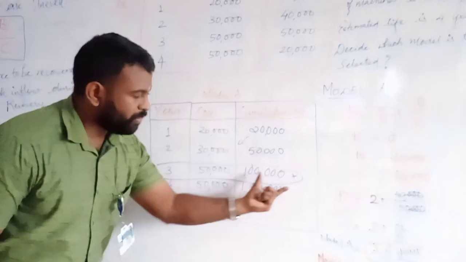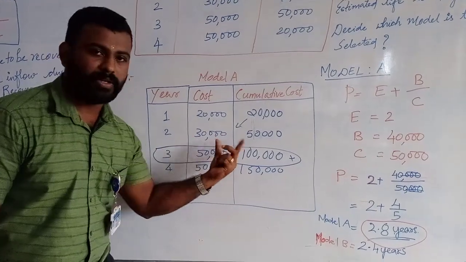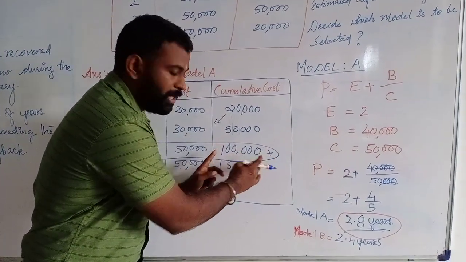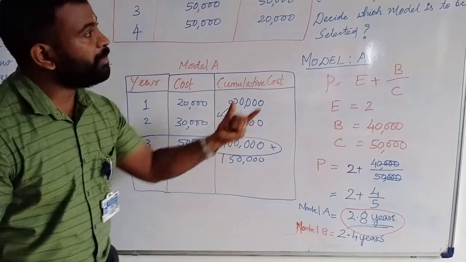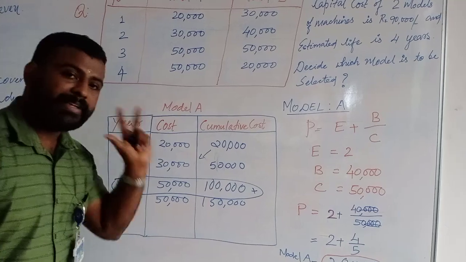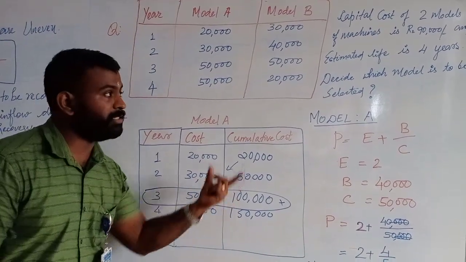So this column is known as the year of payback, that is, the third year is the payback year. In the third year, in return we will get 1 lakh rupees, while our initial investment is 90,000. So we have to find out exactly in what year and what month we get the 90,000 back.